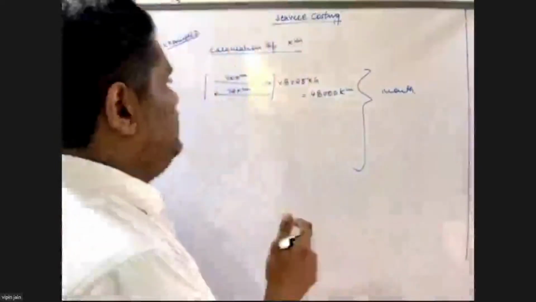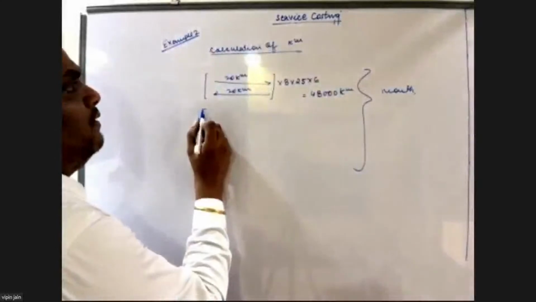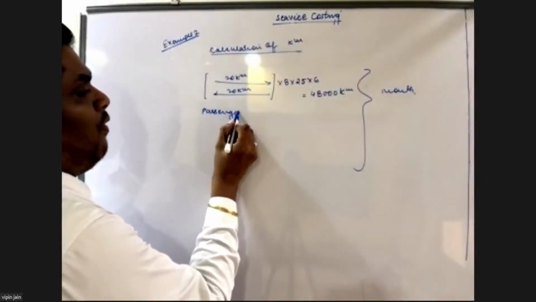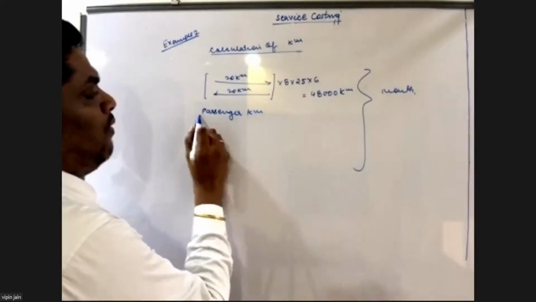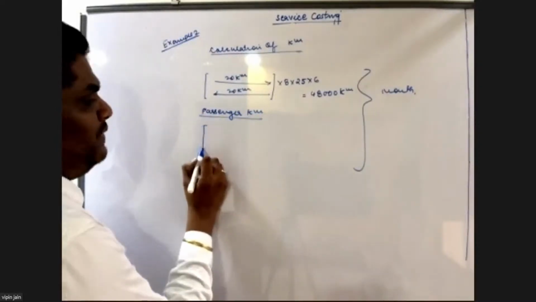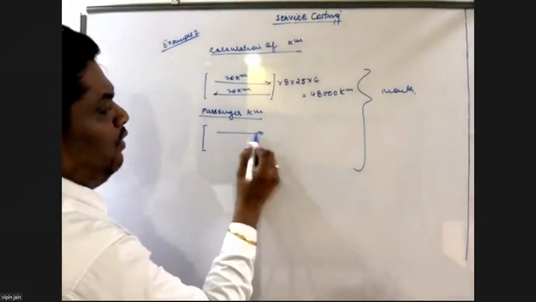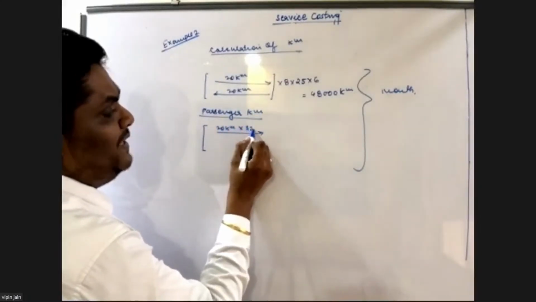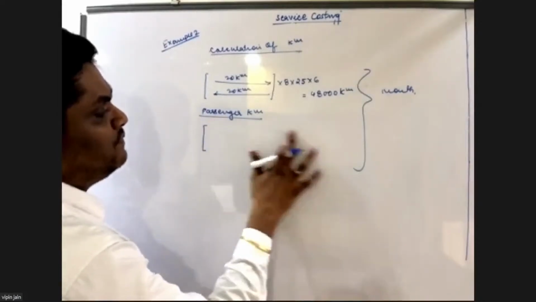Further, when talking about the passenger kilometer, the approach is very simple, wherein for 20 kilometers, 32 passengers are traveling.